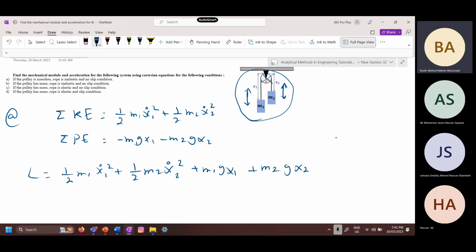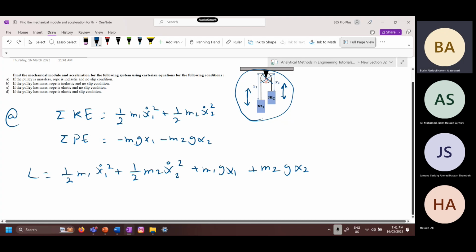Again, we are going to use some different transformation to change the x2 in this equation to x1, or change the x1 to x2, it doesn't matter.